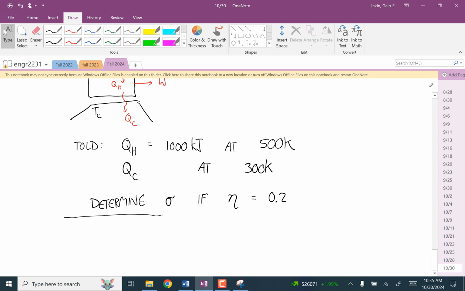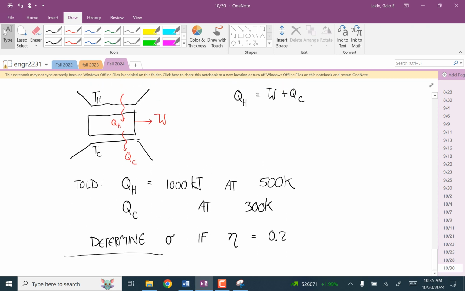Okay, well, the efficiency is 0.2. We don't know anything about the work or anything like that.